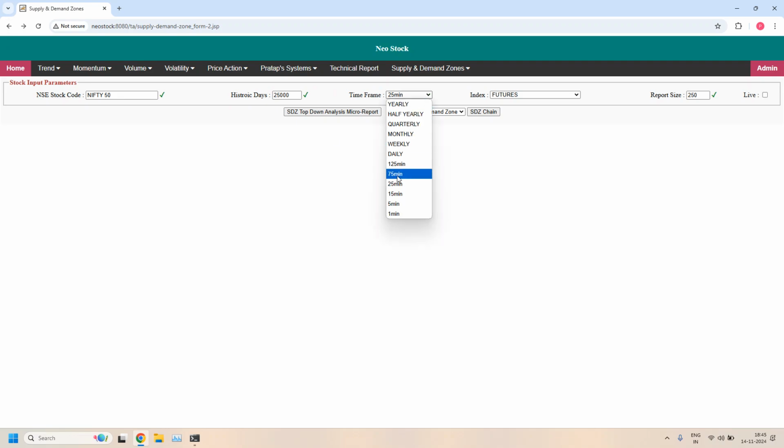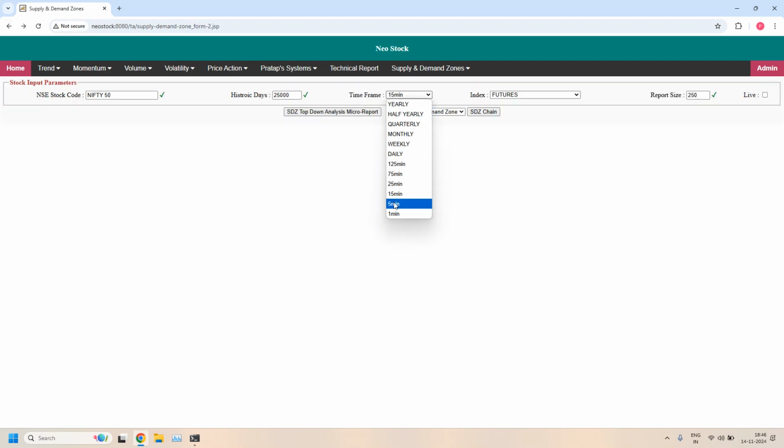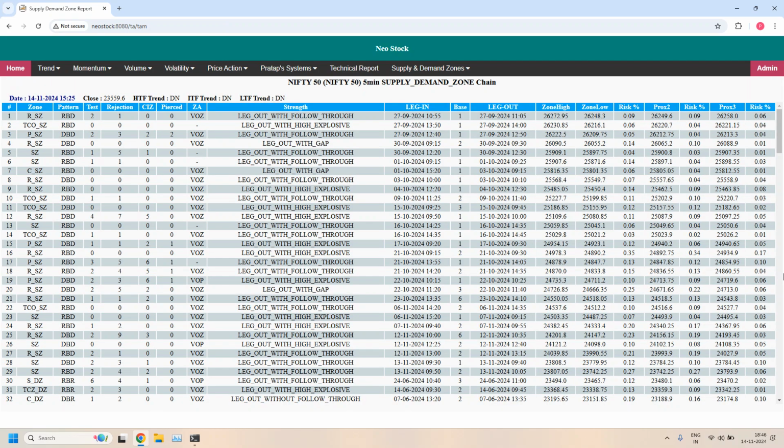Next time frame is 15 minutes, generating 15 minute supply demand zone chain for NIFTY. And the next time frame, that is 5 minutes, generating 5 minutes supply demand zone chain for NIFTY.